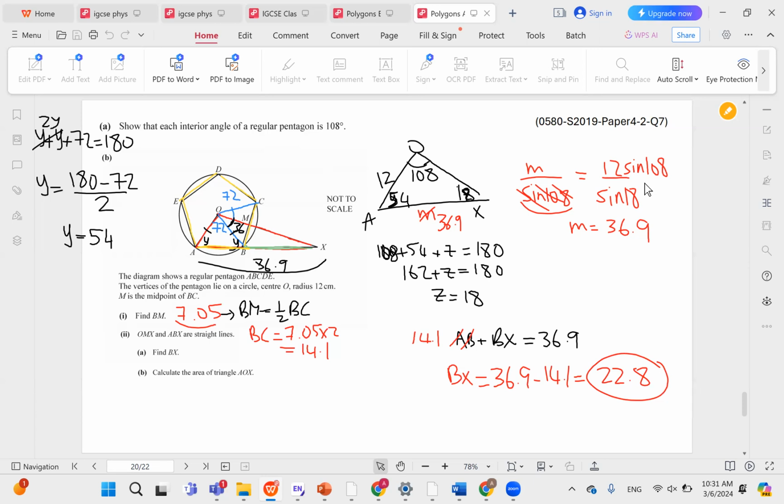And then to get the area of triangle AOX, we simply apply the area rule. We have a side and a side and an angle between them. So the area would be half AB sine theta, which is basically half times 12 times 36.9 times sine 54.